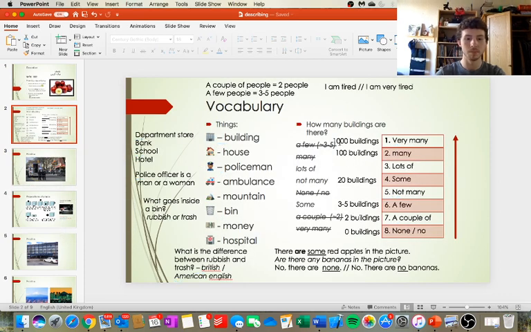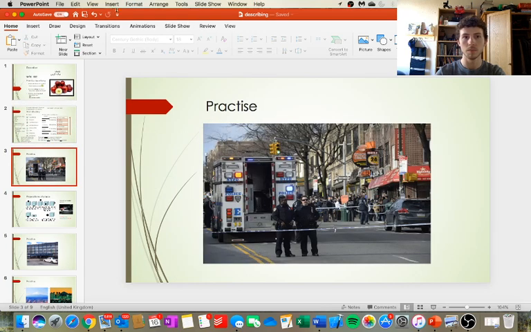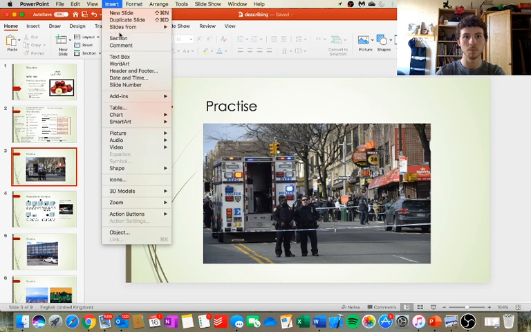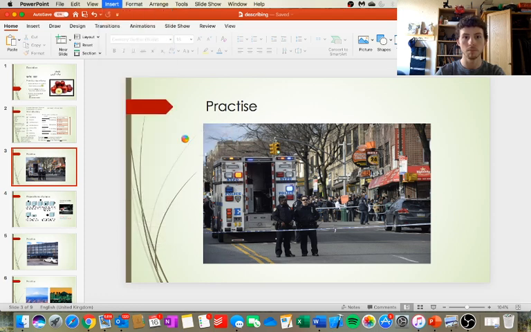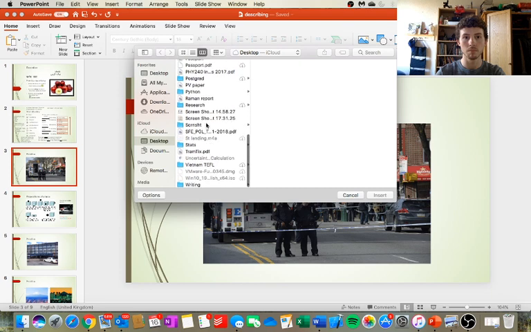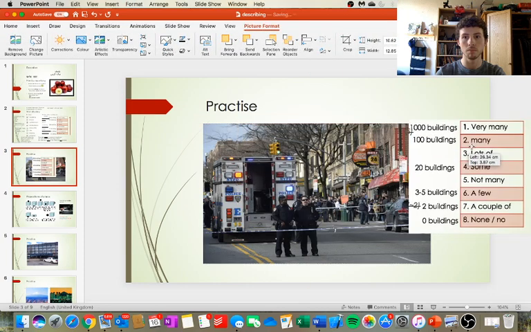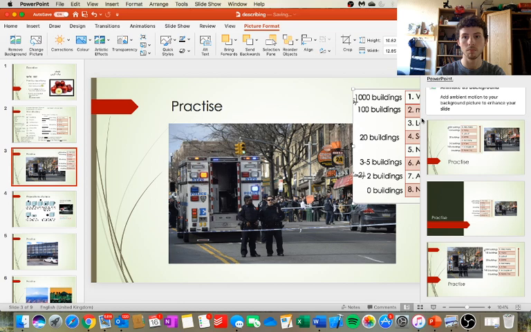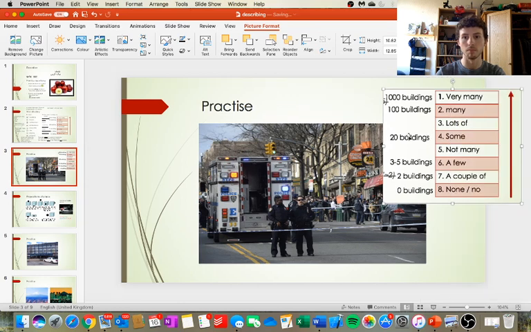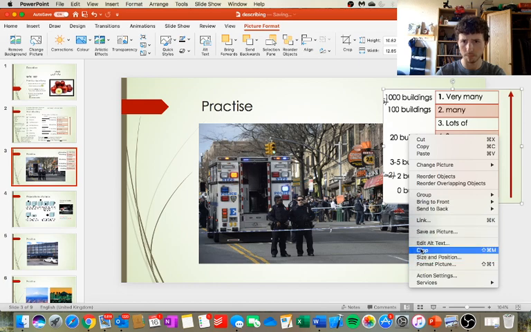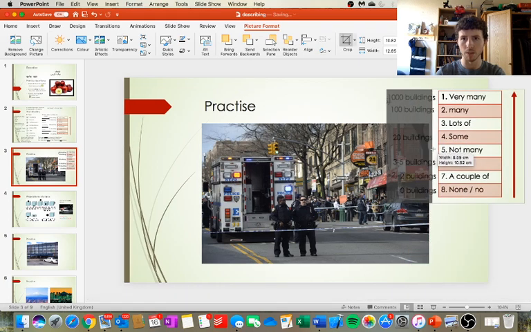So we can take these words. Get rid of the buildings.